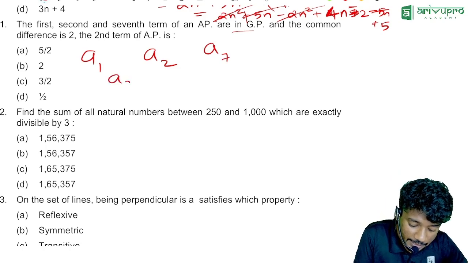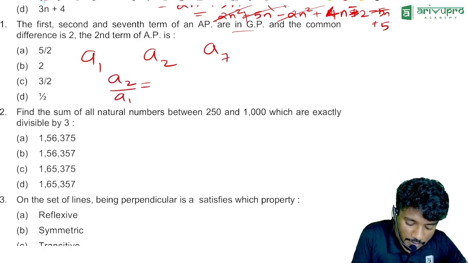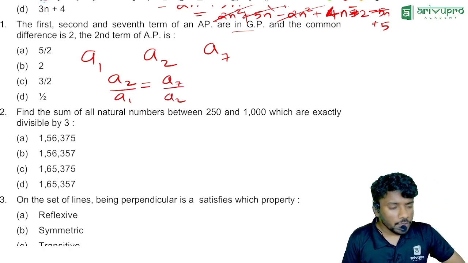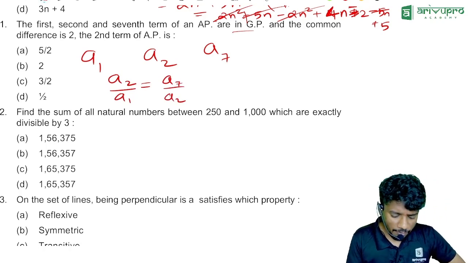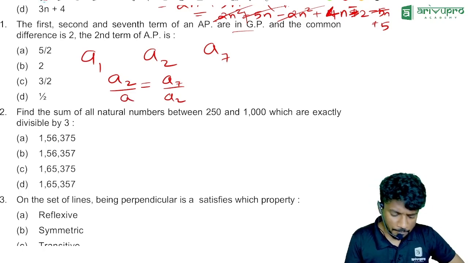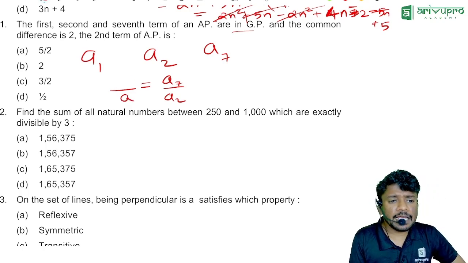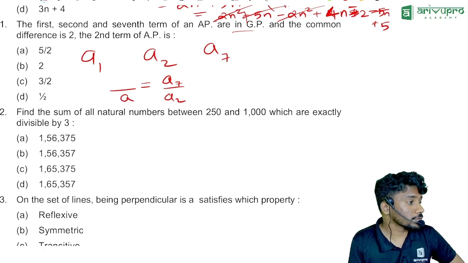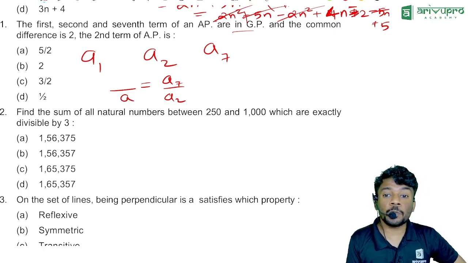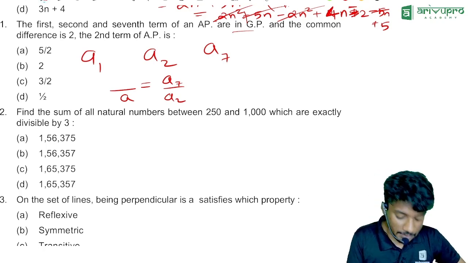Can I write it as A2 by A1 is equal to A7 by A2? First term is A. What is A2? A plus n minus 1 into D, so A plus 2 minus 1 into D, that is A plus D.